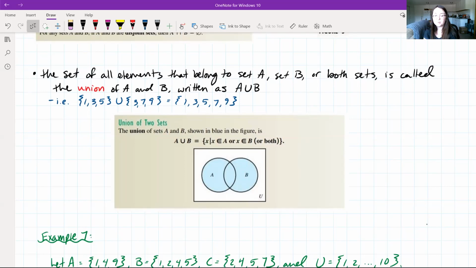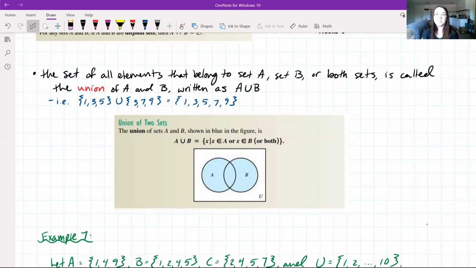That would become 1, 3, 5, 7, and 9. So it's basically you're combining the two sets, but you're not going to have duplicates of the same number. So you're just combining all of the elements to create one larger set.